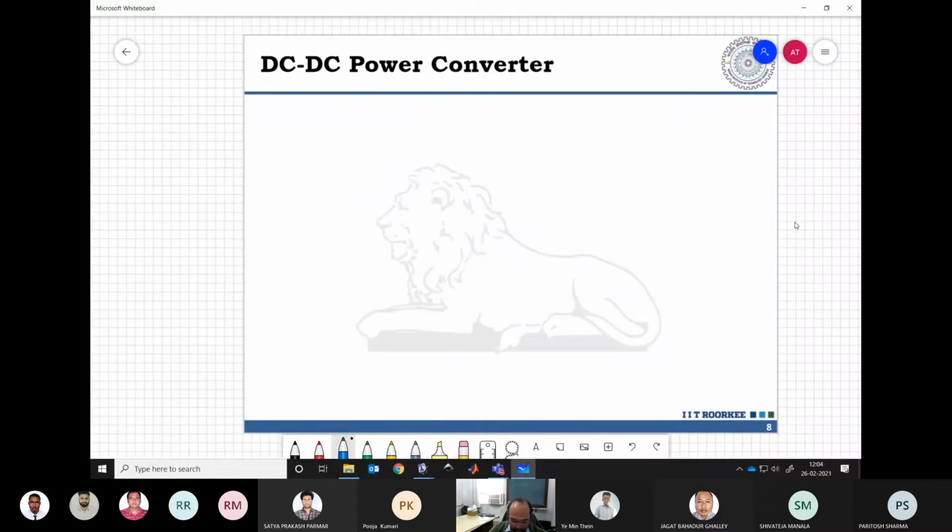Yeah, so in the last 2-3 lectures we have discussed a lot of things related to the system and the controller design, assuming that the most important component for running our motor drive, the power converter, is in place.